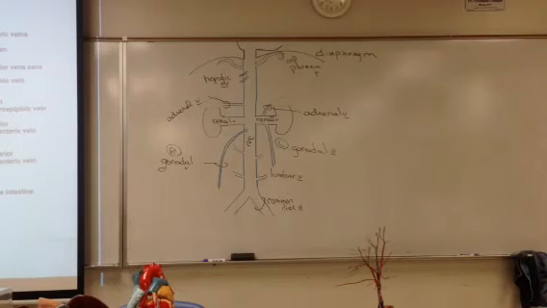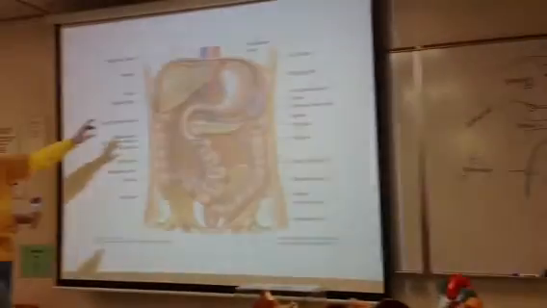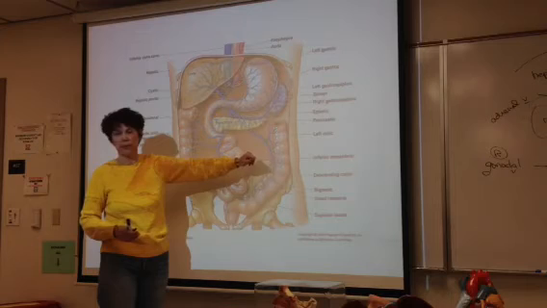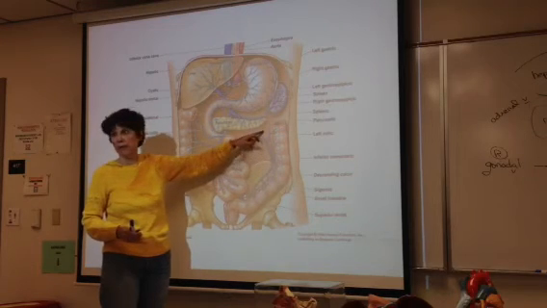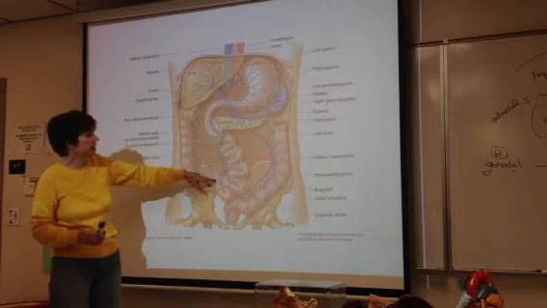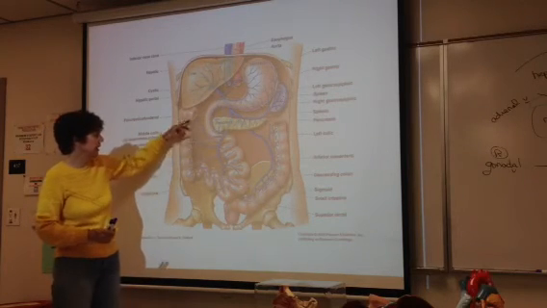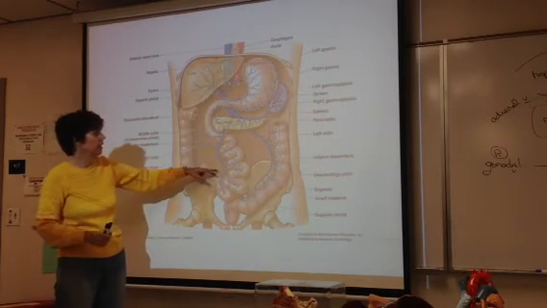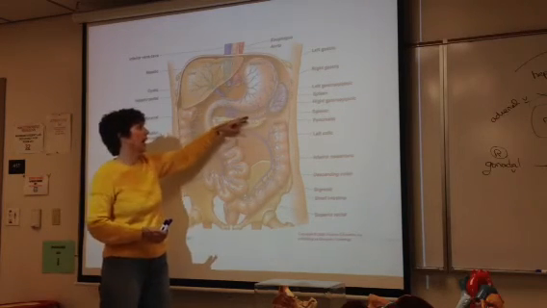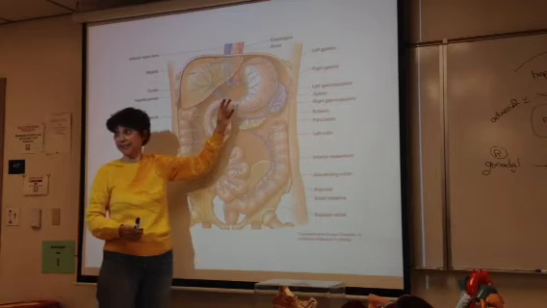So here with the organs in place, and I actually like this one better because it takes out the inferior vena cava. So here is inferior mesenteric coming from the descending colon. Here is superior mesenteric coming from the small intestine and the ascending colon. There's your superior mesenteric vein, your splenic vein, and your gastric veins.